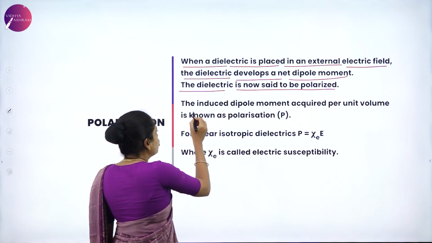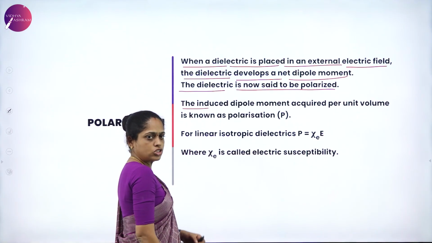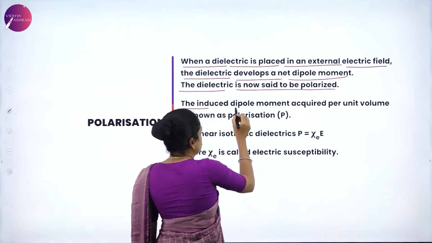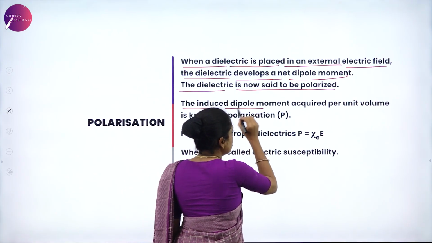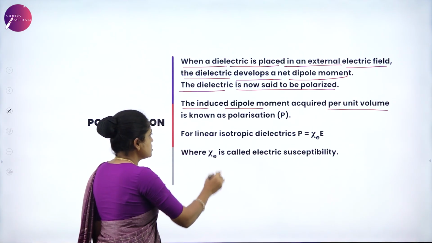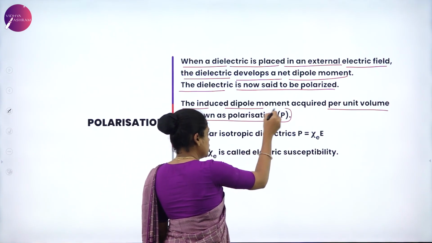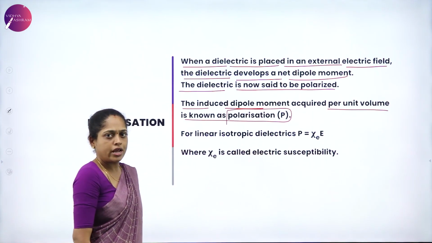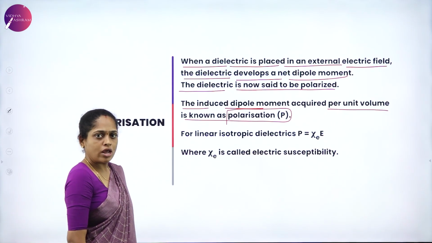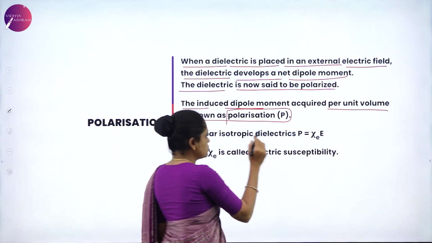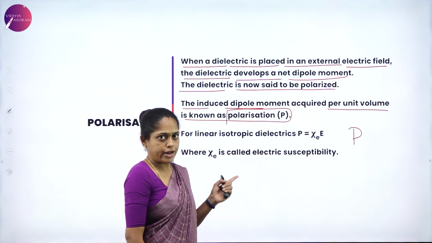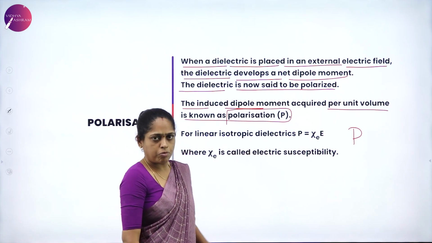And how to calculate this polarization? The induced dipole moment per unit volume is polarization, and the symbol of polarization is capital P. Now I am writing the dipole moment.